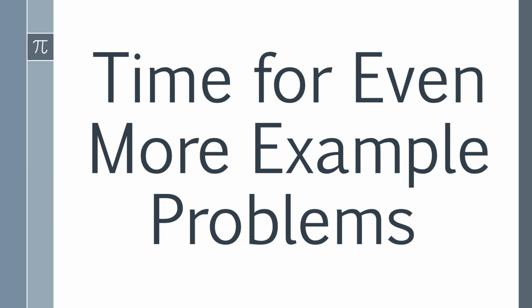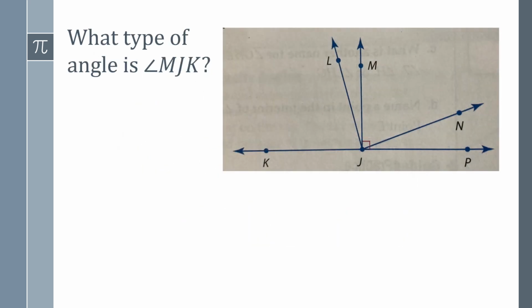Time for even more example problems. All right, so what type of angle is angle MJK? MJK starts here, goes down to here, and then it works its way out.